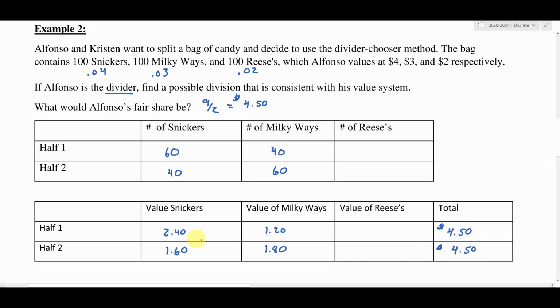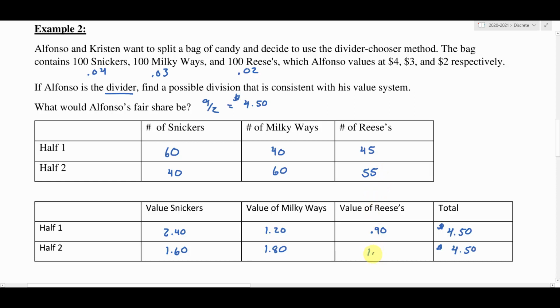So if I have $3.60 tied up in Snickers and Milky Ways, I only have 90 cents worth of room for the Reese's. To get 90 cents worth of Reese's, I need 45 of them to go in half one, because 45 times 0.02 is 90 cents.